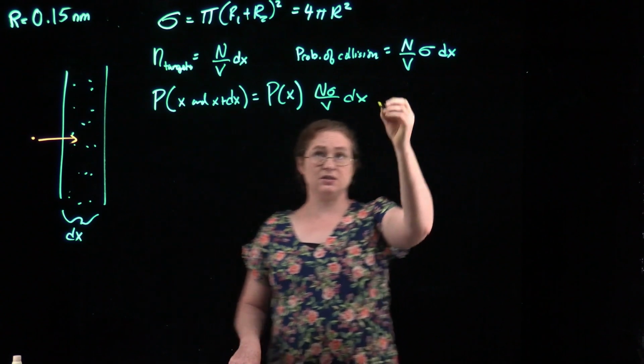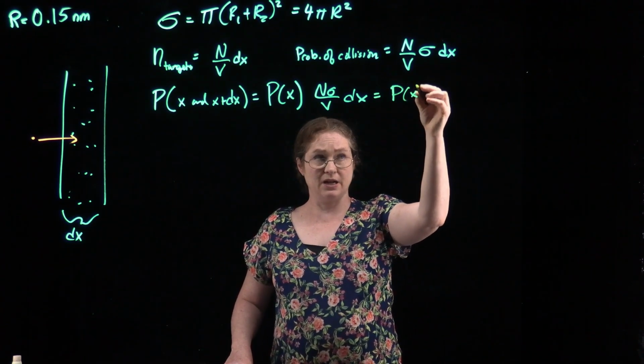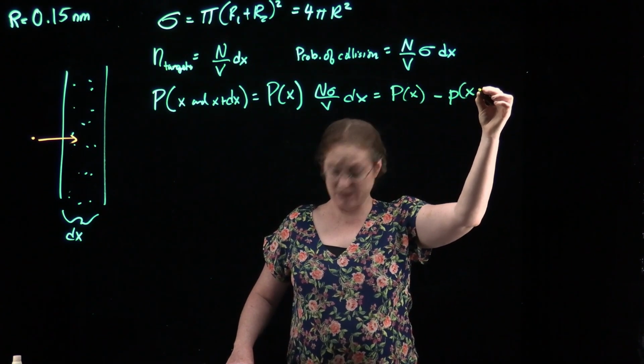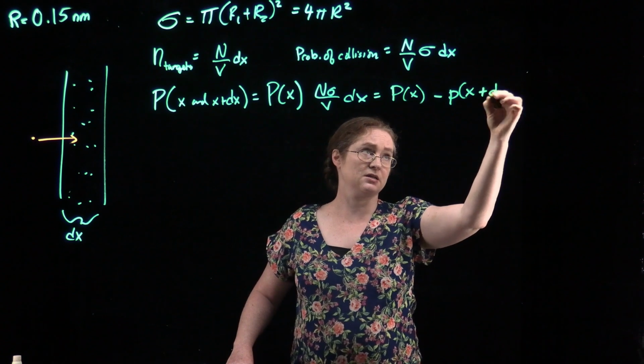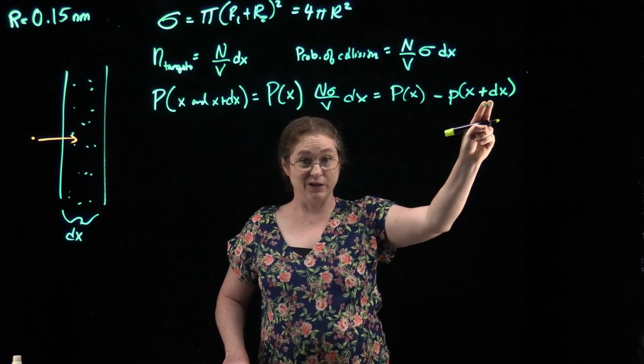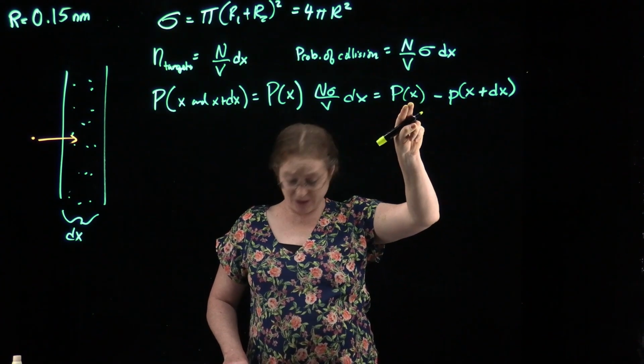But this is just the same as the probability that I collided in x minus the probability that I collided in x plus dx. So I'm slightly more likely to have had a collision here than there.